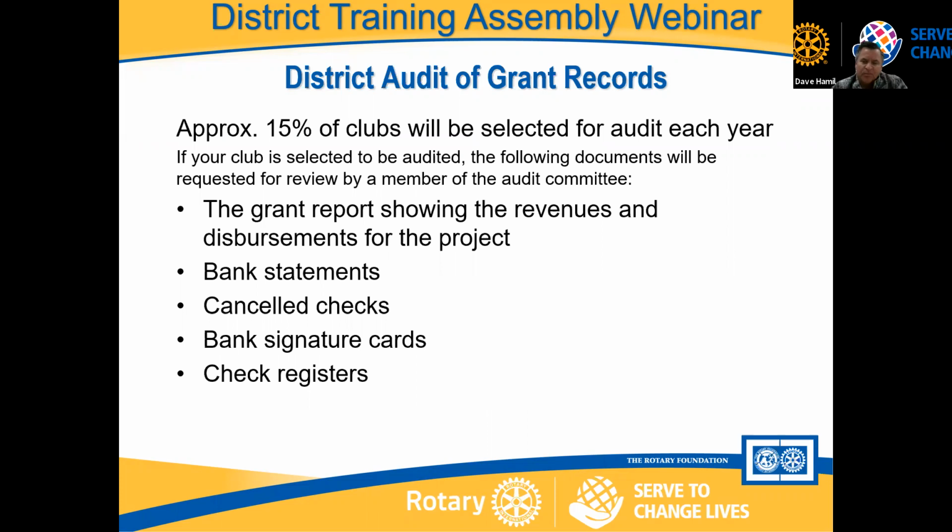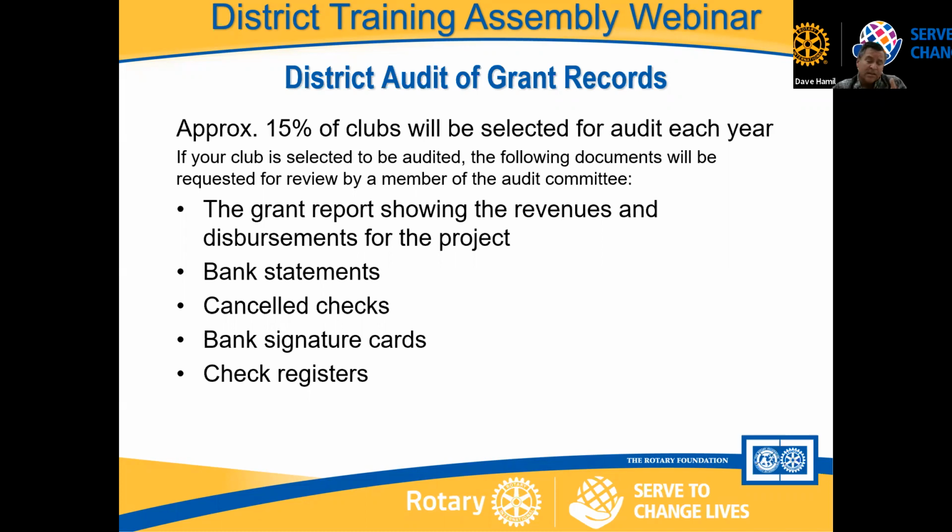Occasionally, there will be an audit. Well, every year actually there is an audit, and 15% of all clubs get selected for the audit. It's not really a painful process as long as you've kept good records. So what the audit committee for the district is going to ask for is your final report showing all the funds and how it was spent.